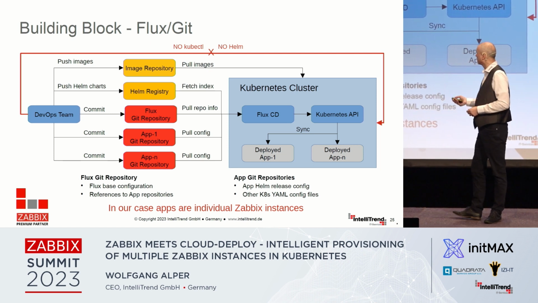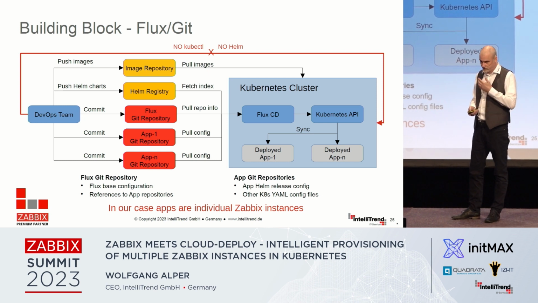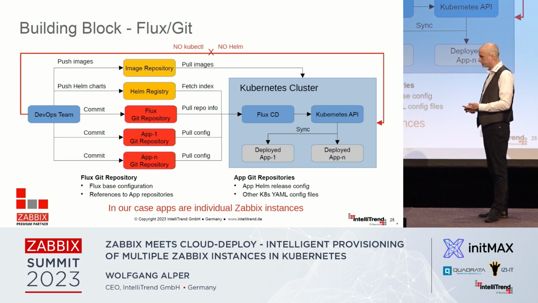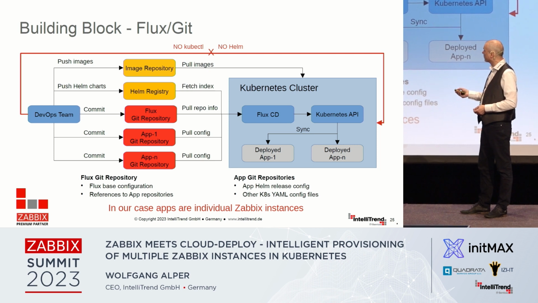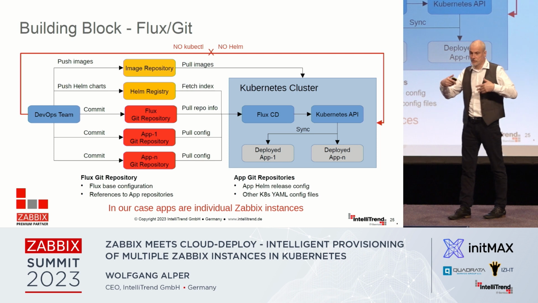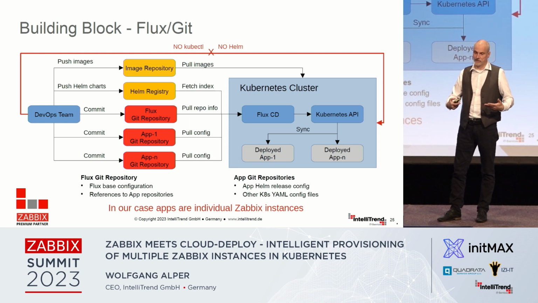So how does it work? We have our image repository, where we would find, for example, the Zabbix MySQL server image, the front-end image, etc. We have our Helm registry with the Helm charts. We have our Flux Git repository, which Flux uses to hold all the information required to do its work within the cluster.